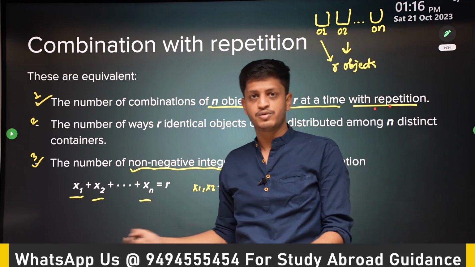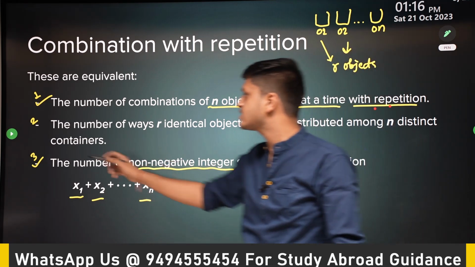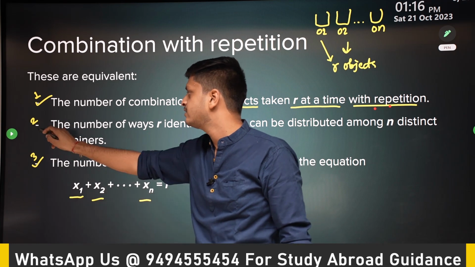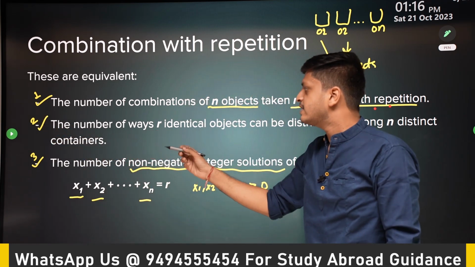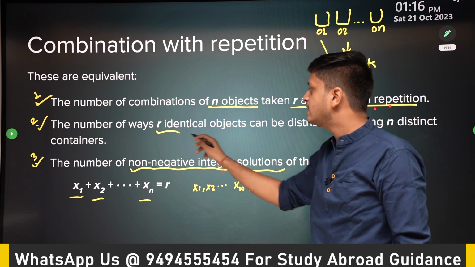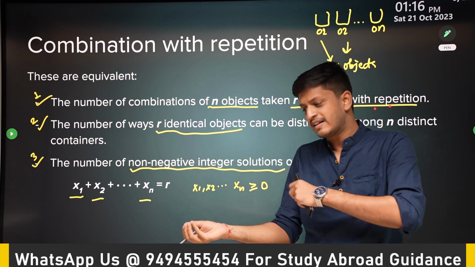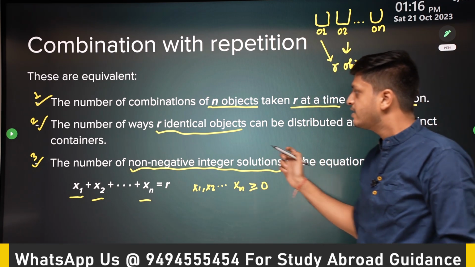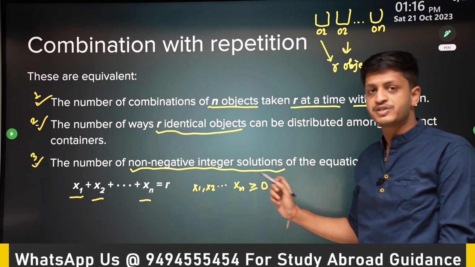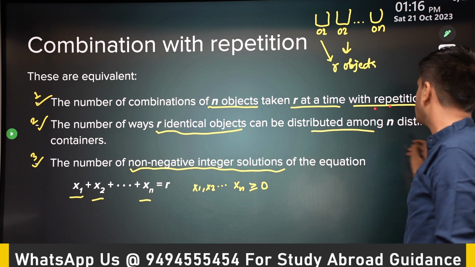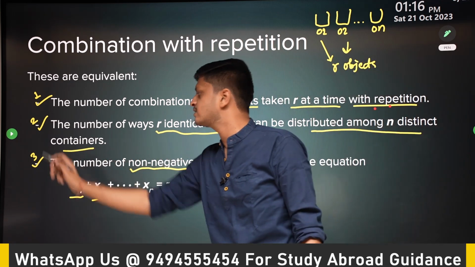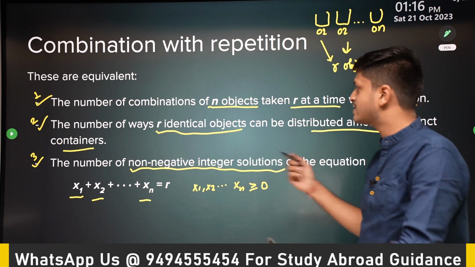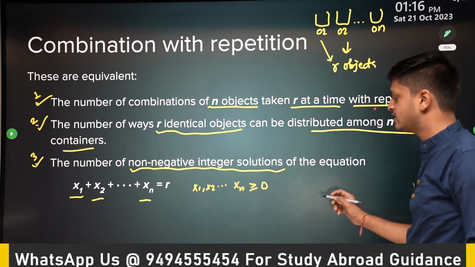Now there is another way to formulate the same problem, which is statement number 2. Let's see that. The number of ways in which r identical objects can be distributed among n distinct containers. This is a slightly trickier way to formulate the same equation. So this is a different problem now. Think of it this way.